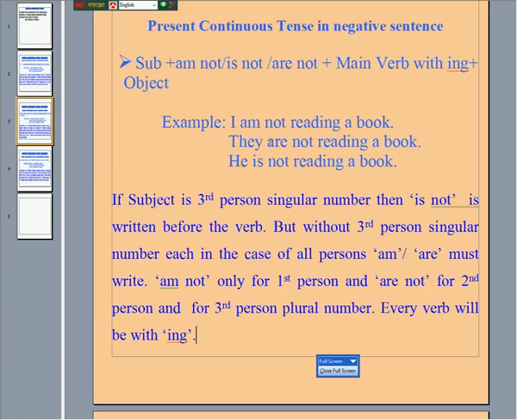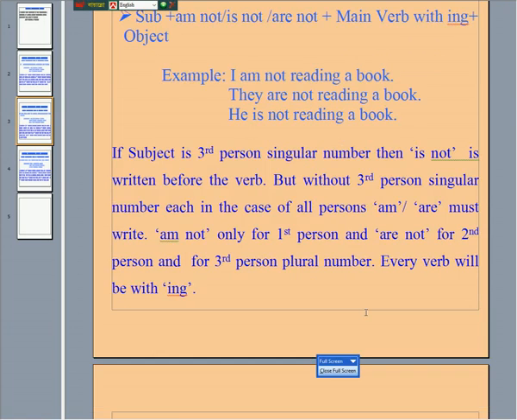Here are is used after they, third person plural number, so are is written. Every verb will be with ing.